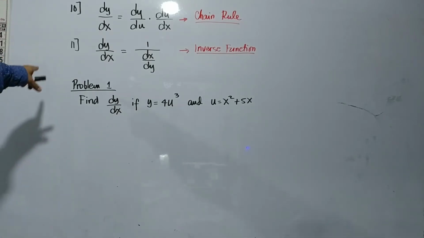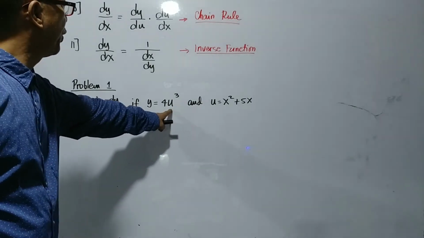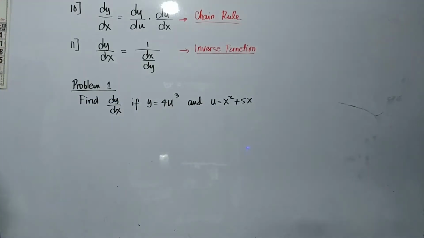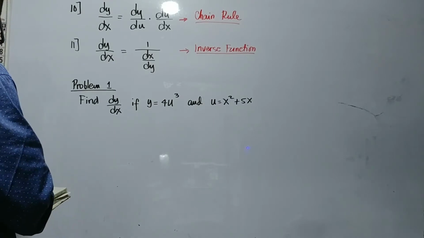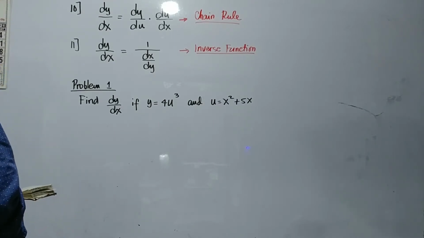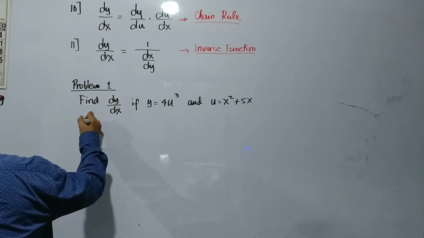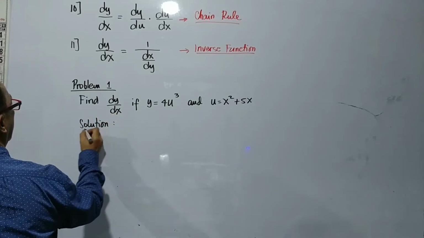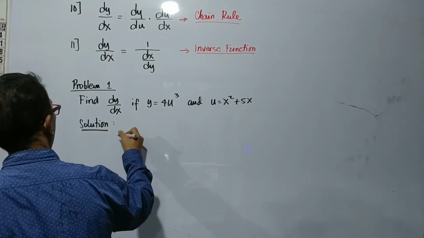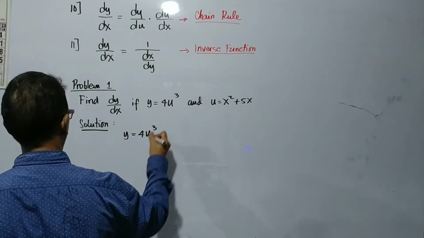So for our problem number 1, find dy/dx if y equals 4u cubed and u equals x squared plus 5x. To solve it, we have y equals 4u cubed.